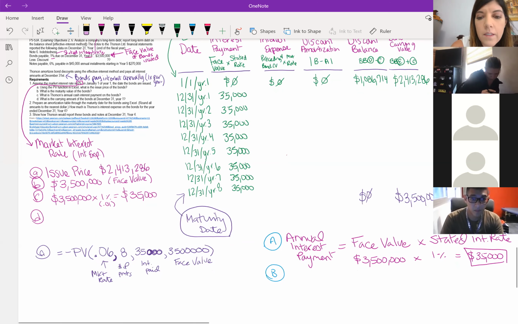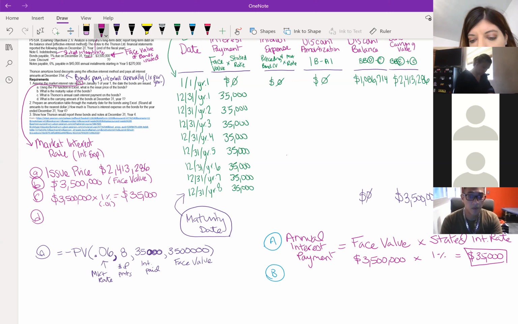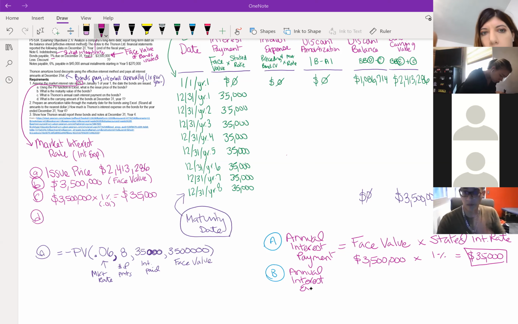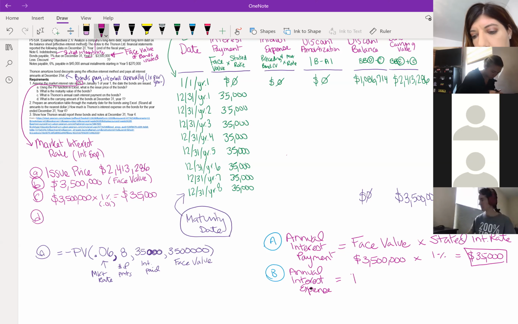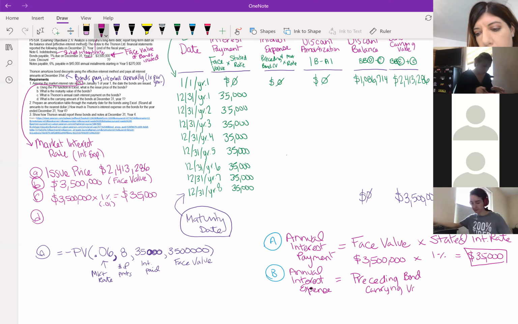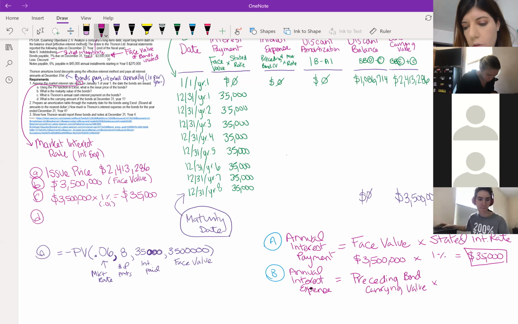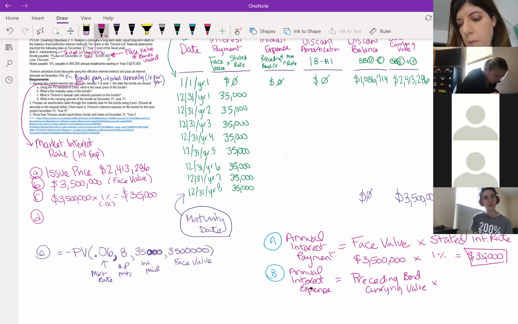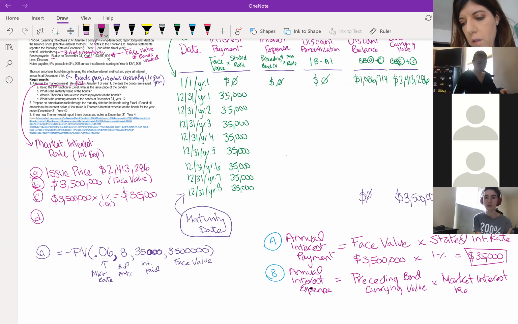For column B, this is our annual interest expense. It's going to be the preceding bond carrying value, which is going to be increasing slowly over time, times a market interest rate, the date of issuance.